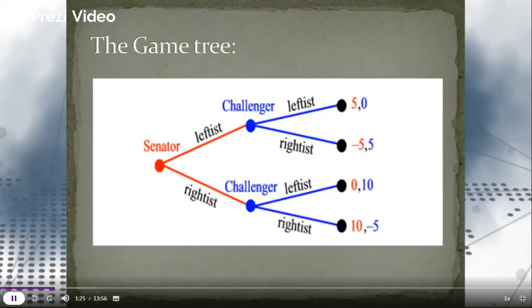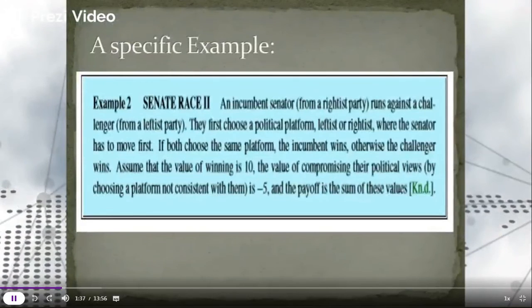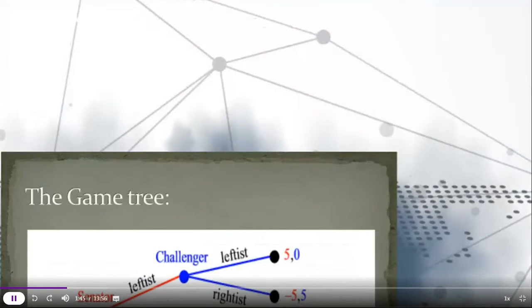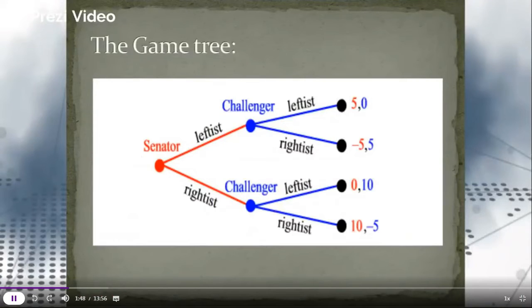Now again, you may ask why the senator is getting only -5: because he is changing his political view. And why is the challenger getting 5 here, not 10, even though he is winning? Because the challenger is from the left party, but here he is also changing his political view from left to right. That's why he is getting 10 minus 5 equals 5. That's how you can look at these two values as well.